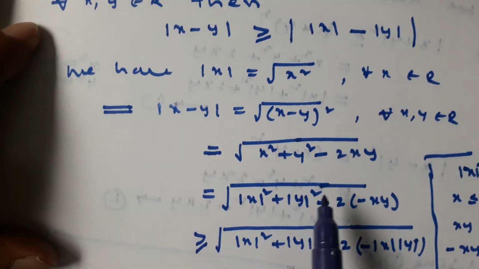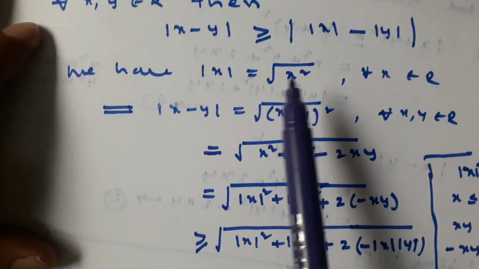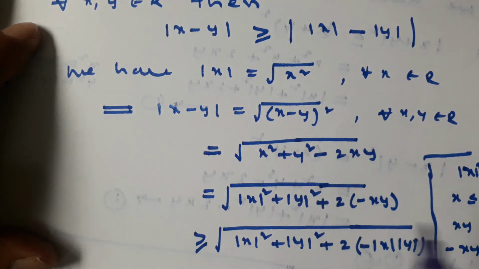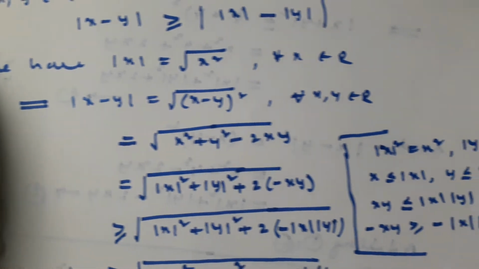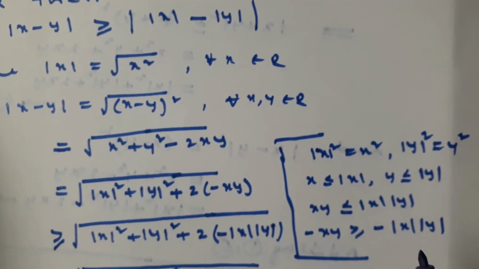As we have mod x whole square is equal to x square, and mod y square is equal to y square, x square can be written as mod x square and y square as mod y square.